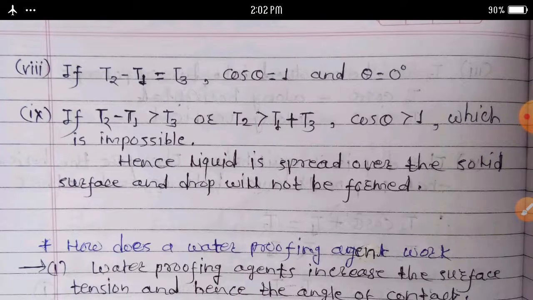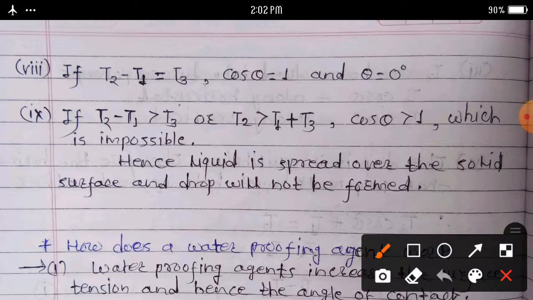Then the third condition: if T2 minus T1 is equal to T3, cos theta is equal to 1, and at that time theta is equal to 0 degrees.